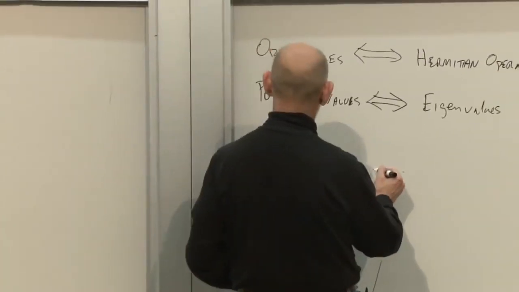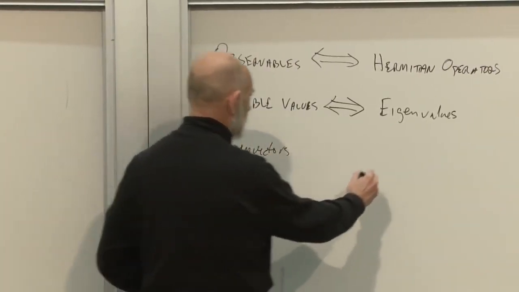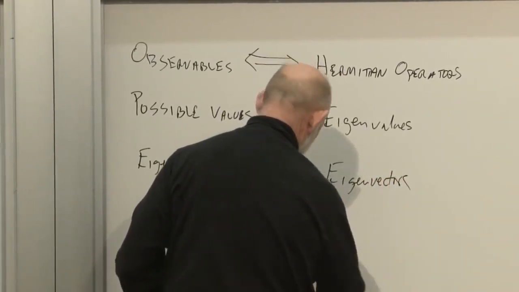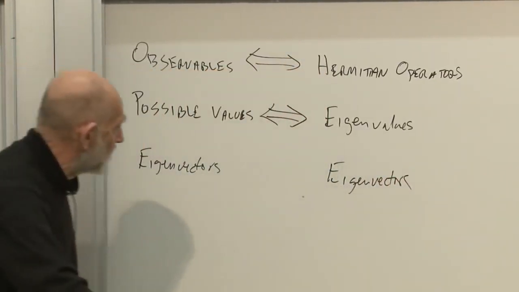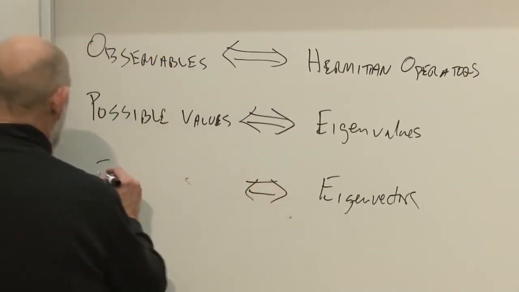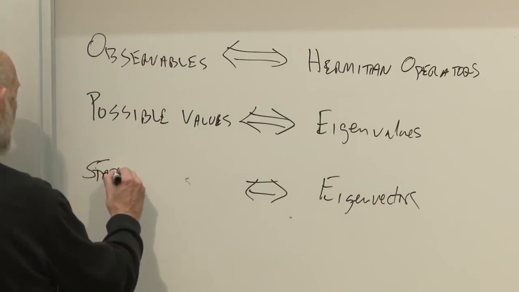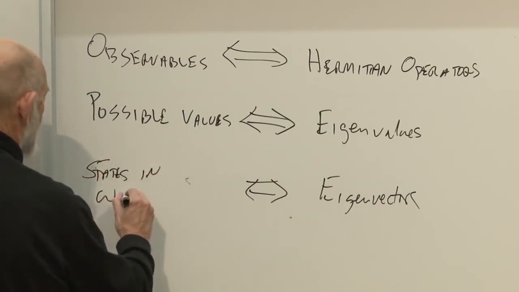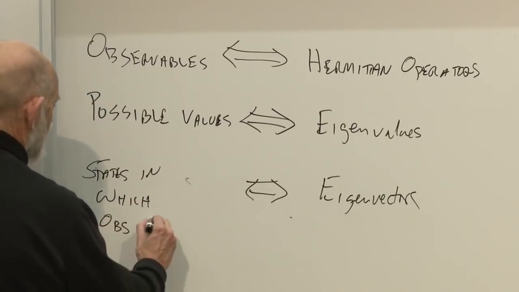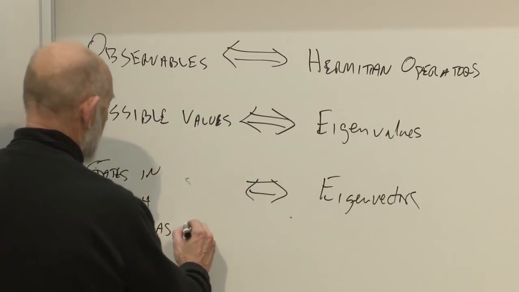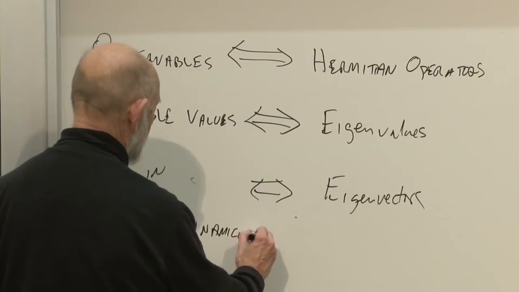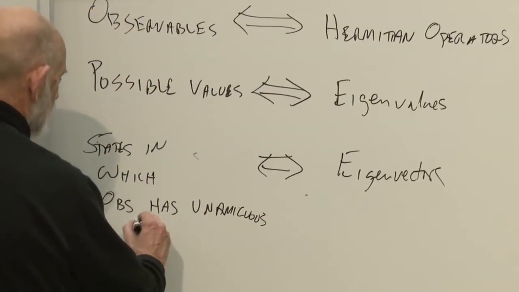I think I have it backwards. We should put eigenvectors on this side, and on the left side, the physical meaning of them: states in which the observable has an unambiguous result.